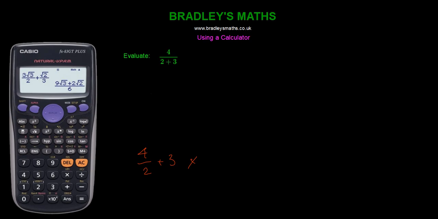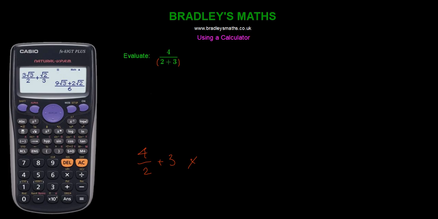You have to put brackets in here in order to be able to make sure that the calculator understands what the question is asking. So many times you will have to add brackets into questions when you're using your calculator. It's something you need to get used to.